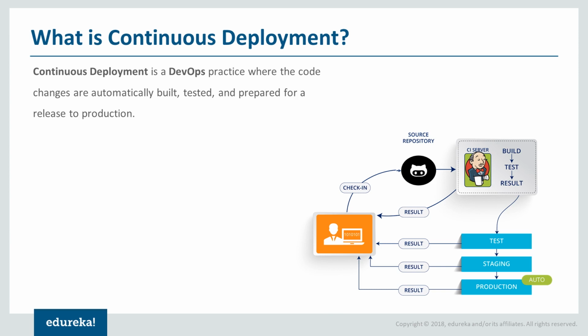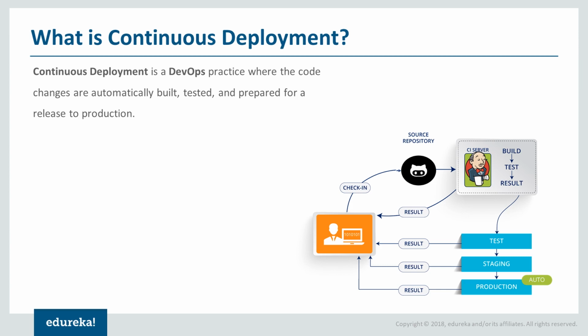If you see in the picture, you have similar steps as CI: check-in to the source code repository, then the CI server doing the build, test, and all kinds of code coverage, and providing the results back to the developers or the stakeholders. Continuous deployment takes it one level ahead and puts these things one by one into your testing environment, into your staging environment, and if everything goes well, finally into your production environment.